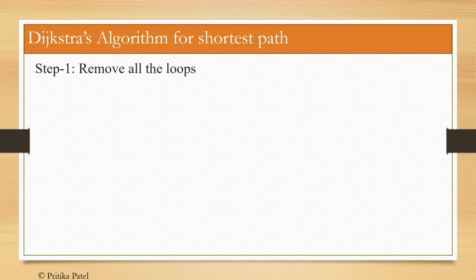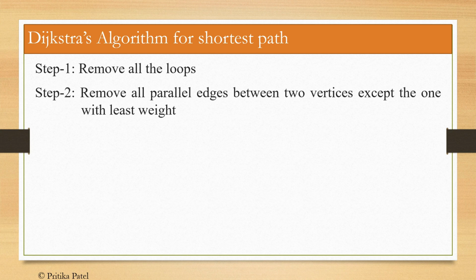Step 1 is to remove all the loops. Here loops are nothing but the edges which start from the same vertex and end at the same vertex. Step number 2, remove all parallel edges between two vertices except the one with least weight.